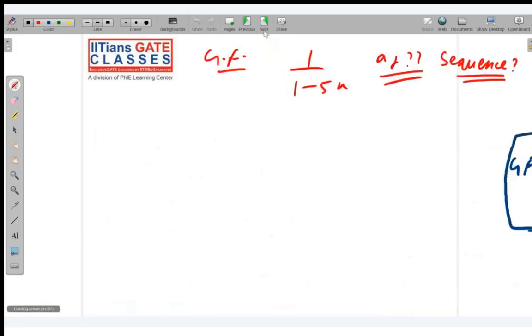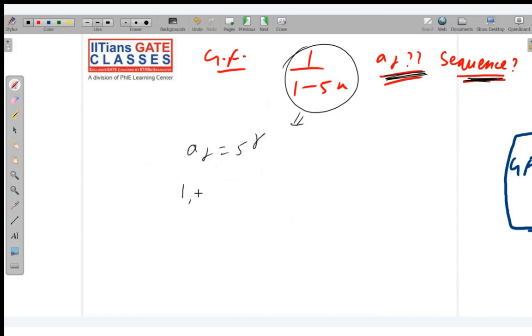So the next question: the generating function is 1 upon 1 minus 5x, and we want to find the numeric function and the sequence also. 5 power r. It's very good. I think everybody has built up the concept here. 1 upon 1 minus 5x, so the numeric function will be 5^r, and the sequence will be 1, 5, 25, 125, dot dot dot up to infinity.